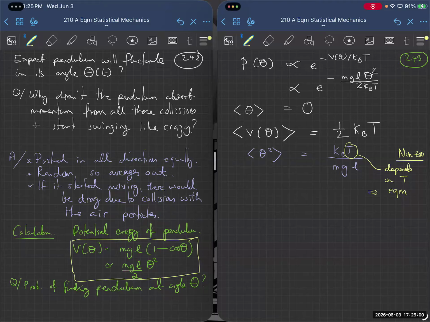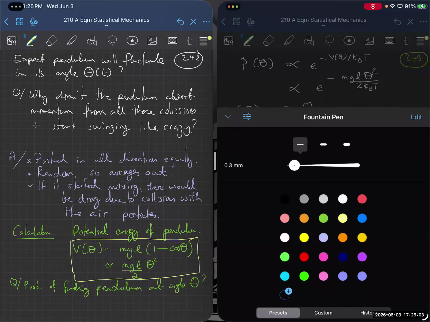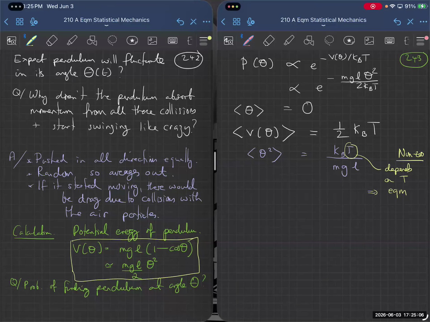And the reason for this is roughly what you said, but it's something slightly different. The thing that causes the fluctuations, and this is important: fluctuations are caused by the impacts from the air molecules.